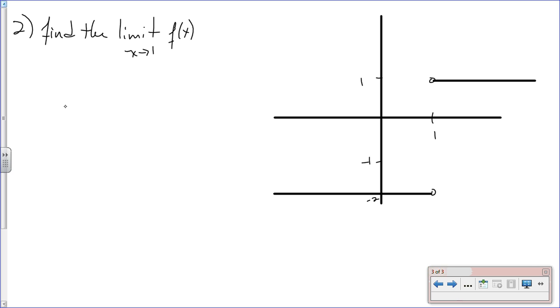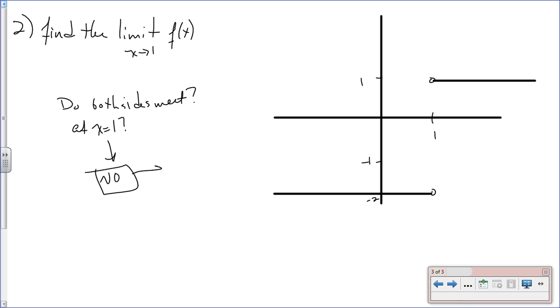First of all, do both sides meet at x equals 1? Here, the answer is no. So our limit does not exist.